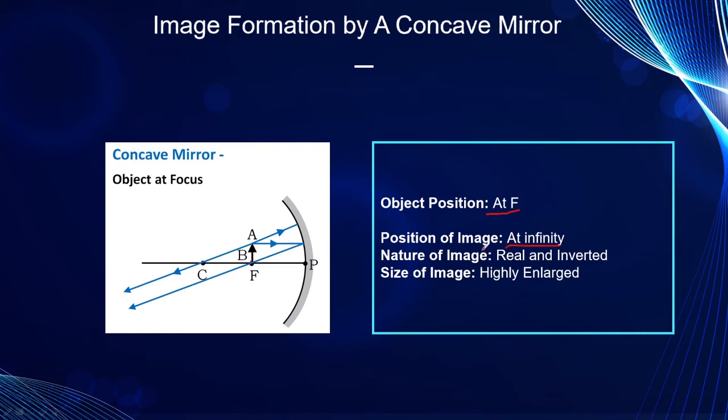Hence, my image position is at infinity. Now, they will meet at infinity, at a very far away distance if you compare it with the radius of curvature of the spherical mirror. So it is real, and if it is real, it has to be inverted, and the distance is quite large as compared to the radius of curvature, so it has to be highly enlarged.